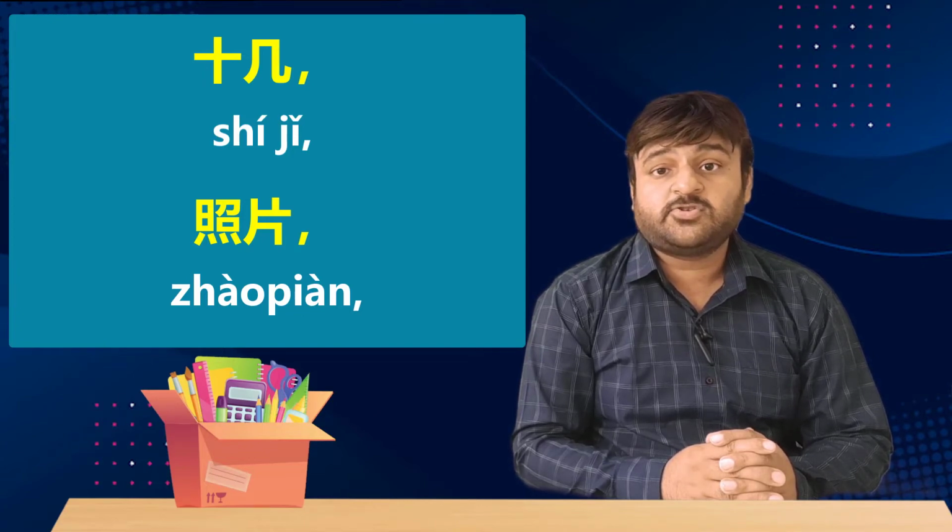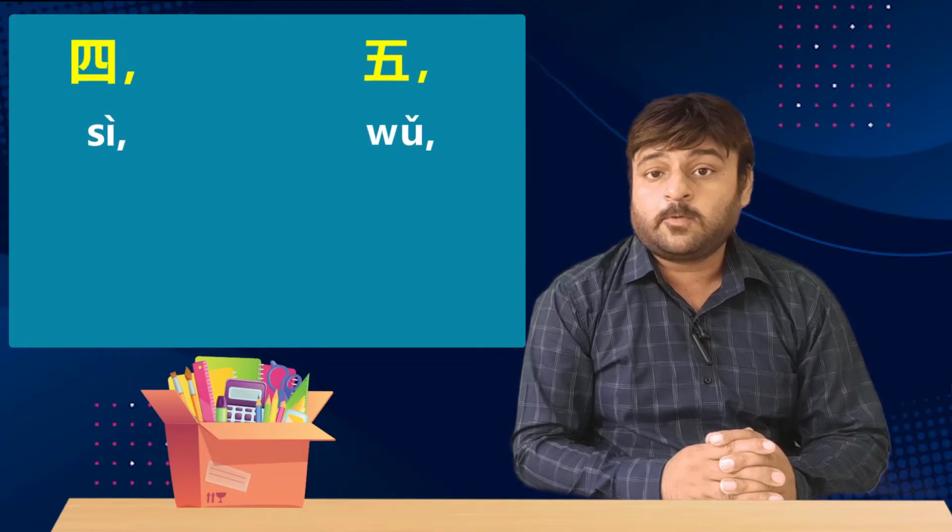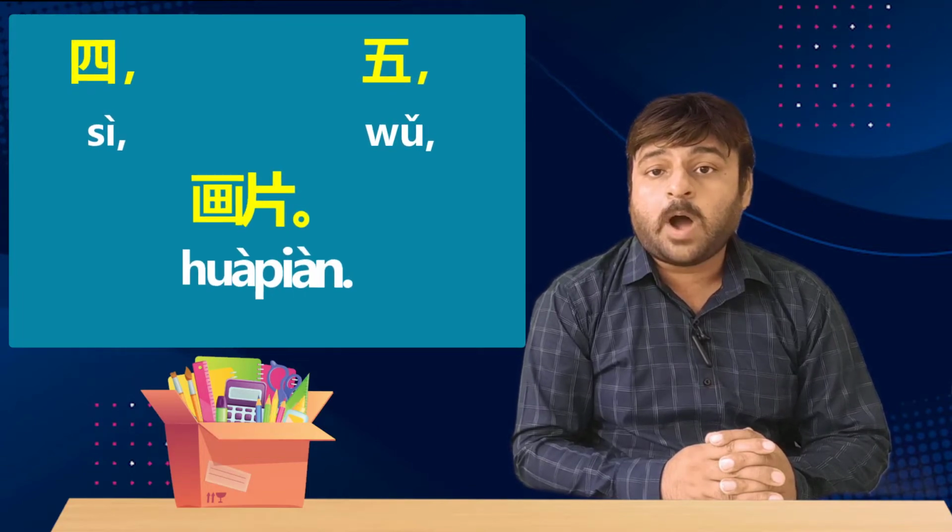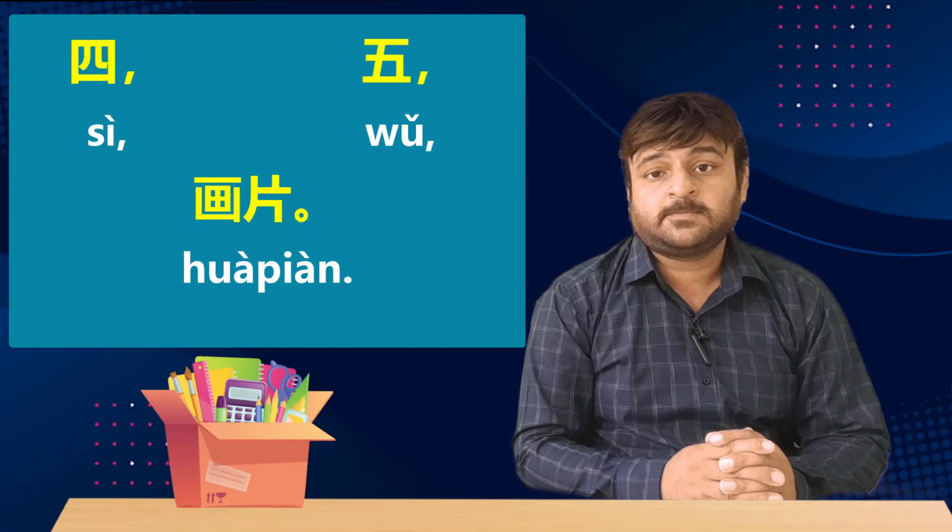Moving on to the next word in the box. 几十 several tens. 照片 pictures. On the wall were hanging several tens of pictures. 几 is several, 十 10, several tens. Moving on to the next word. Let's have a look at the words in the box. 四五 4, 5. 画片 pictures.